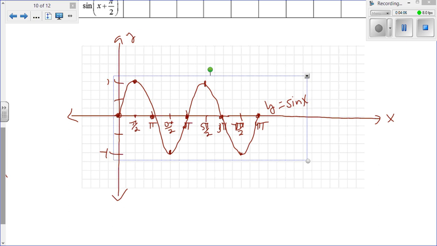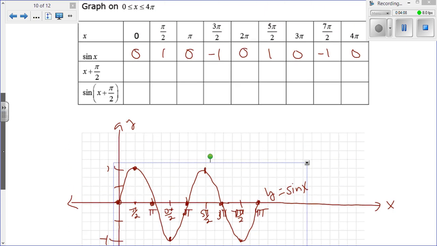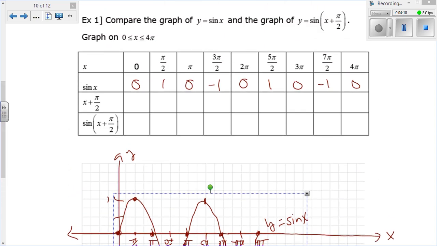So now we need to go back up. Now what I'm going to do is add to my x value, which is here, pi over 2. If I take 0 and add pi over 2, I get pi over 2.